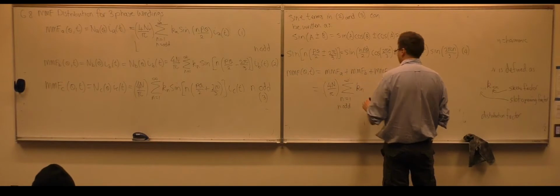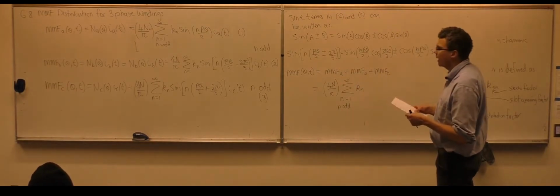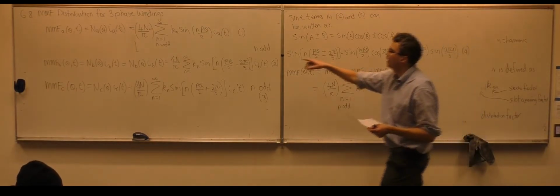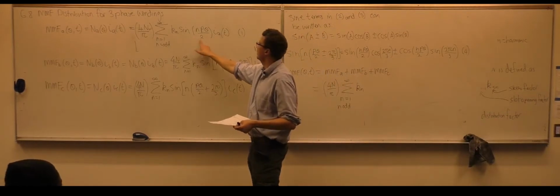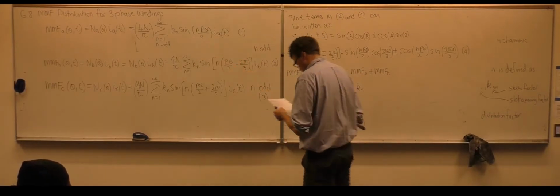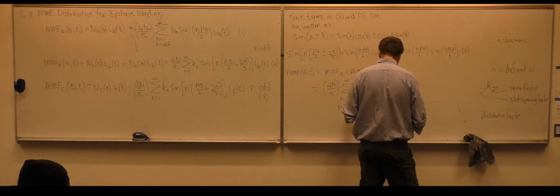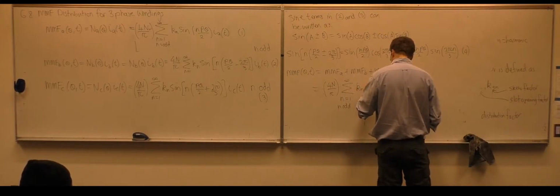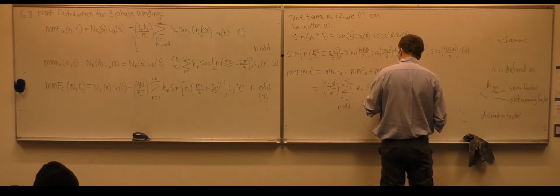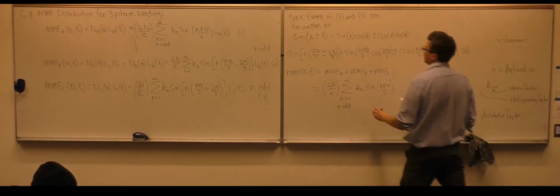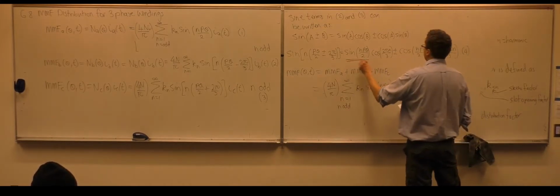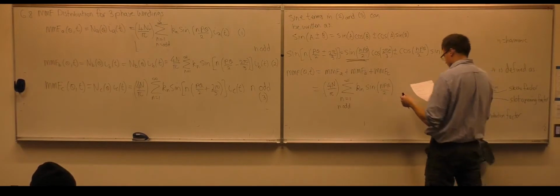Now I'm going to take out kn sine n p theta over 2 and put it at the beginning, since it's present on all 3.